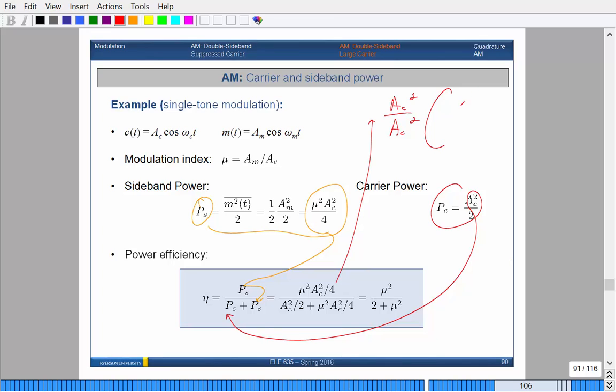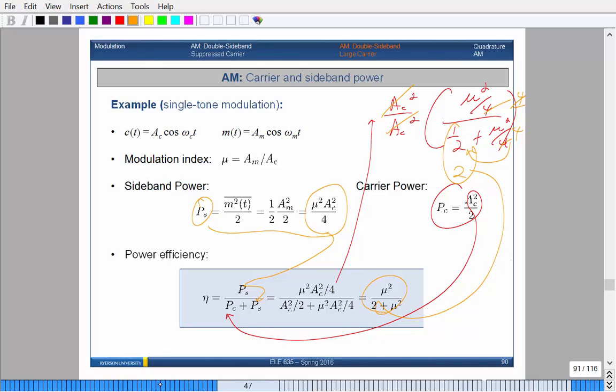So you get mu squared over 4 divided by 1 over 2 plus mu squared over 4. Okay, these cancel, and then I can multiply up and down by 4. If I multiply by 4 here, these cancel, you factor this in, this becomes a 2, right? And that's why you get that here. Okay, so you get your power efficiency in terms of the modulation index.